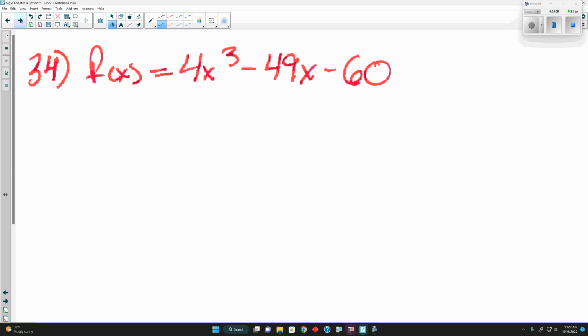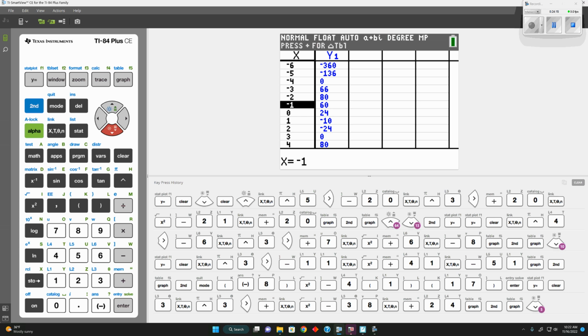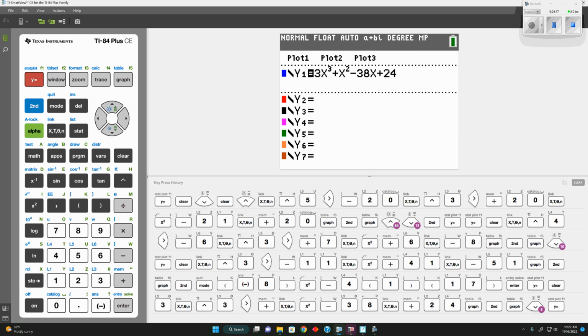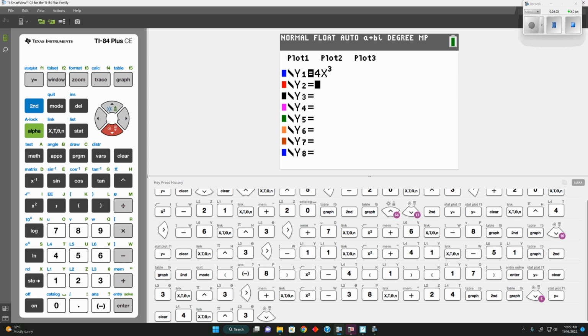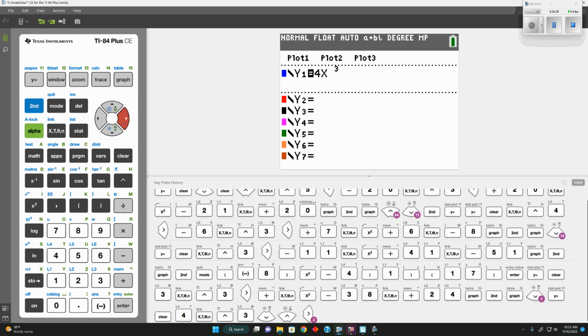Yes. Well, we're looking for how many solutions? 3. We need at least 1, but it'd be nice to have all 3. So I'd start off by graphing 4x to the third minus 49x minus 60.